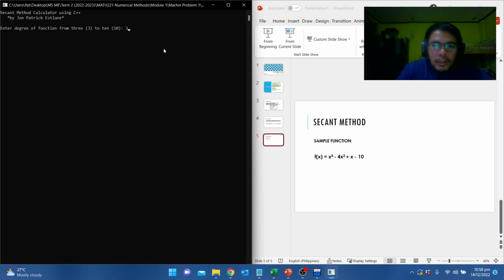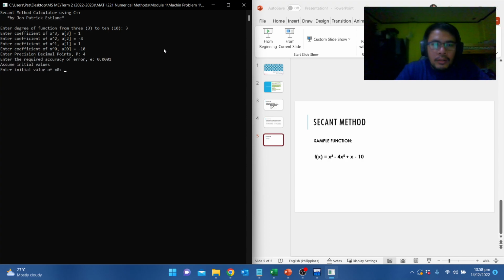I'm going to input 3 and coefficient of x cubed, which is 1, coefficient of x squared, negative 4, coefficient of x, 1, coefficient of the constant, 10, negative 10. Precision will be set at 4 and accuracy 0.001. Initial values will be 4 and 5.